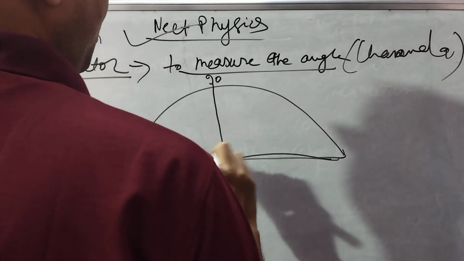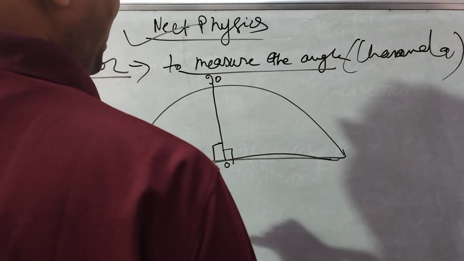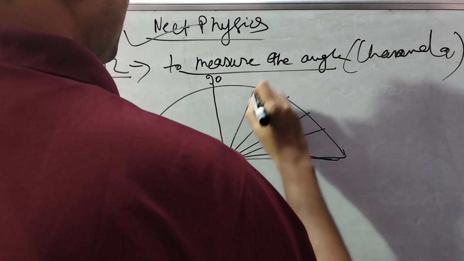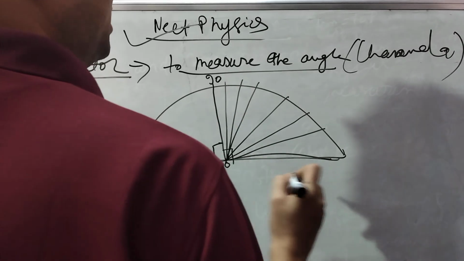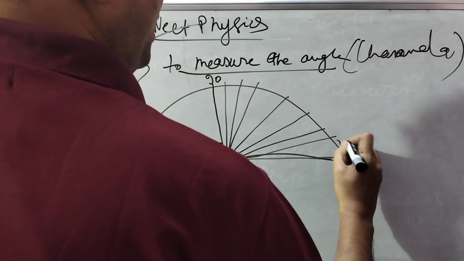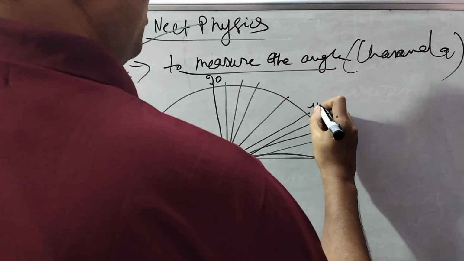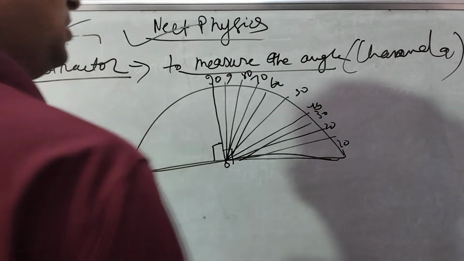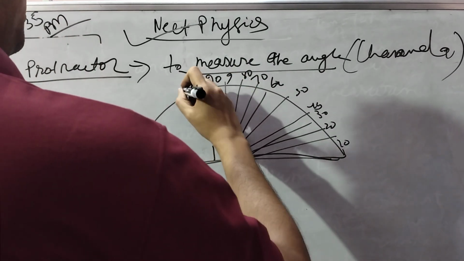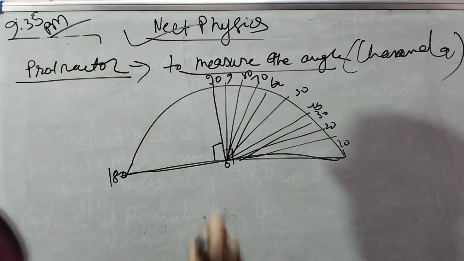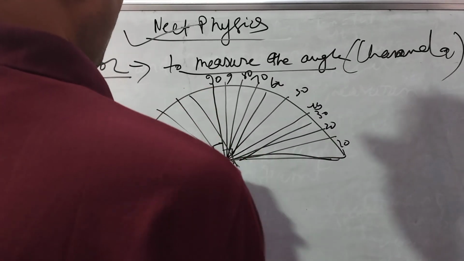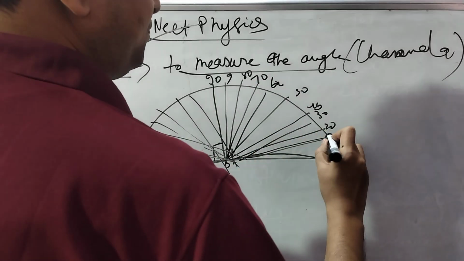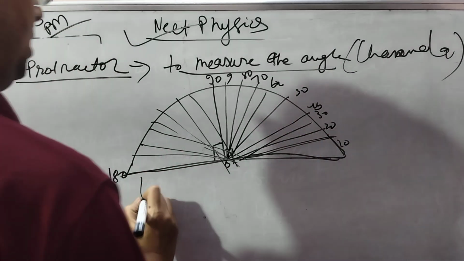The angle here is 90, and it is divided into 10 different parts: 10, 20, 30, 40, 50, 60, 70, 80, 90, and then 100 up to 180. This is for measuring angles. What is the least count of that instrument?